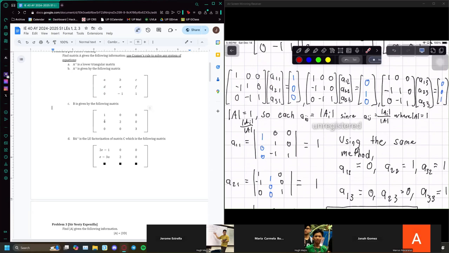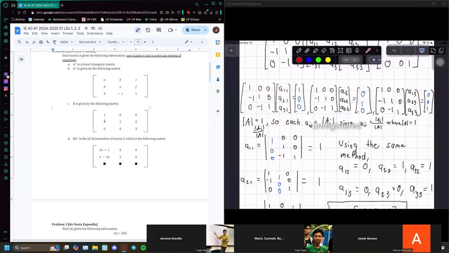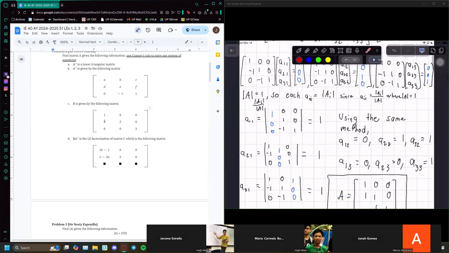The fancy thing about triangular matrices is that the determinant is just the product of all the elements on the diagonal. So since the determinant of A is just one, luckily all of these A11, A21, A31 are just going to be equal to the numerator, so each Aij equals det Ai.